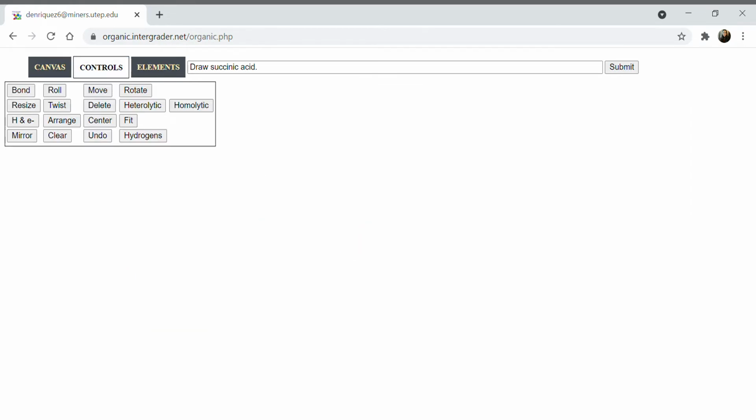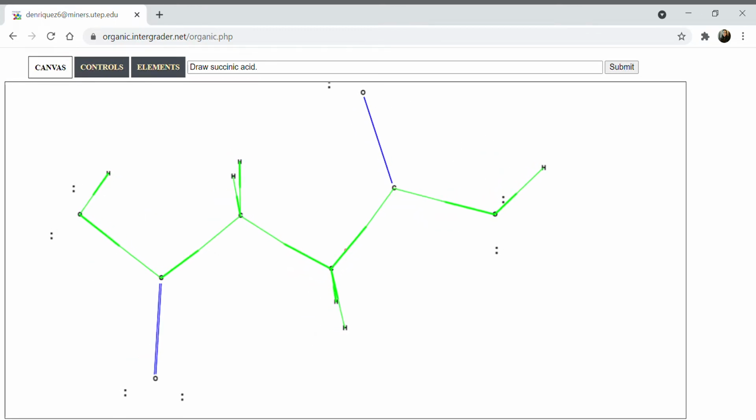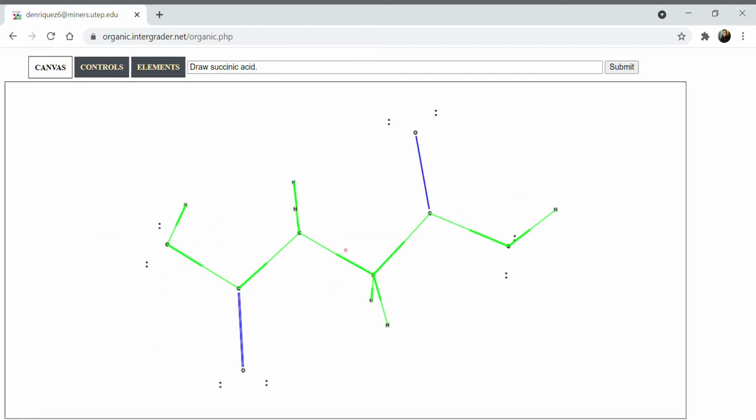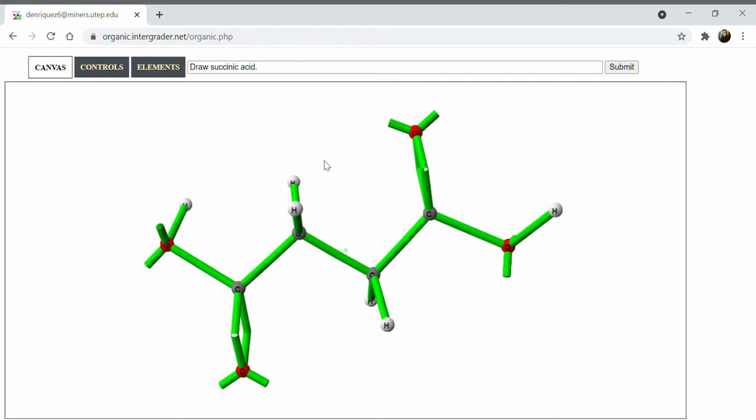So I'm going to add my hydrogens and hit arrange. So this is the same as butanedioic acid. The previous one was butanoic acid. So just make sure you have your 2 carboxylic groups on both sides.